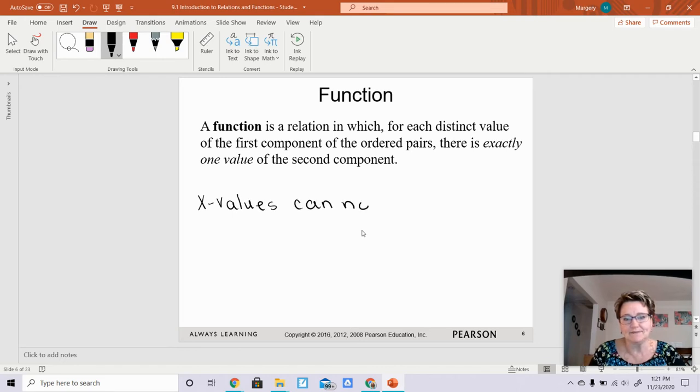I don't care if the Y values repeat, but the X values can never repeat. There has to be exactly one value of the second component for each first component. Basically, all of that says is if you have an X value, the X value in the relation cannot repeat. If it does, it is not a function.